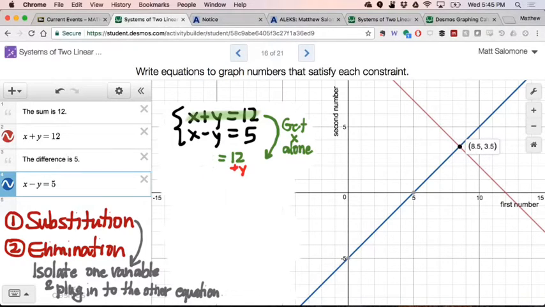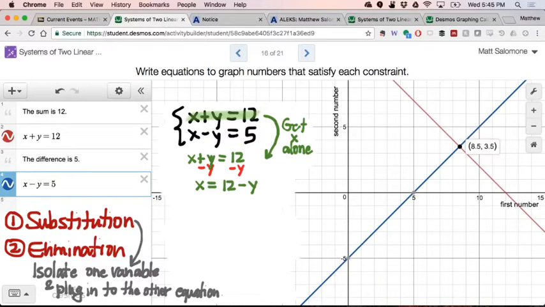Yeah, like I said, that's where my head is right now. X plus y equals 12, so I need to subtract y from both sides. So what I find out is that from my first equation, x is equal to 12 minus y. So that's what my first equation tells me.